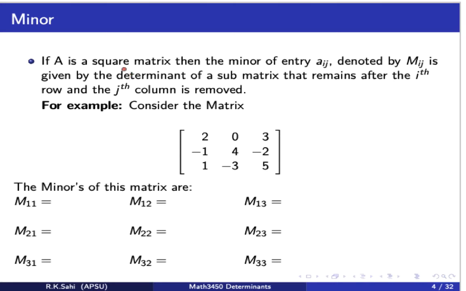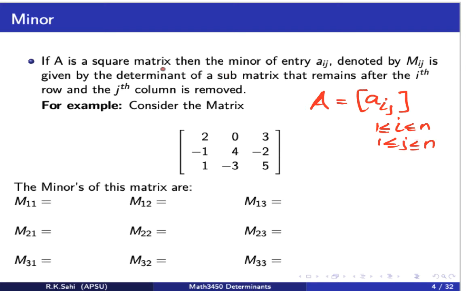What's a minor? If A is a square matrix, then the minor of entry aij. In other words, if you remember, we can write a square matrix as aij. Now, as it's a square matrix, the rows and the columns are going to be of the same size. Suppose it is n.